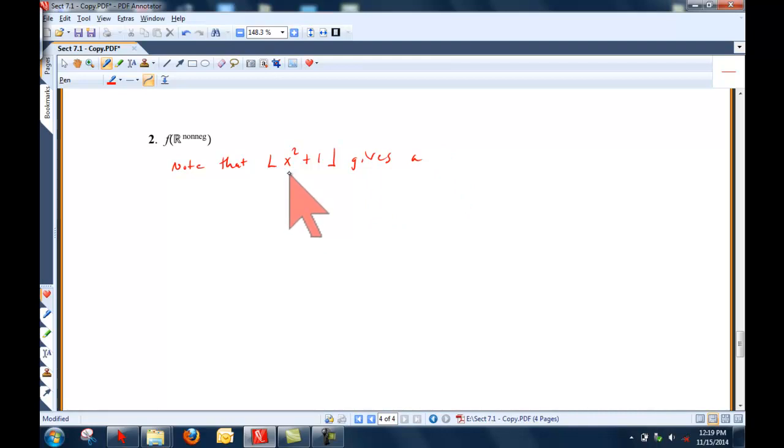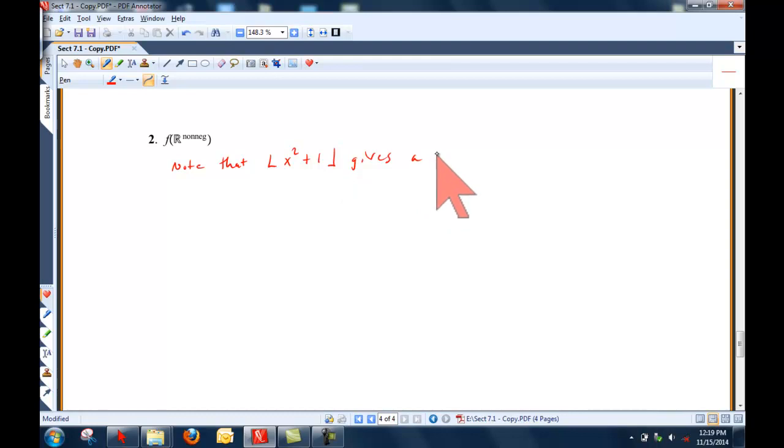Why is that? Well, when I take something and square it, a non-negative number or any real number actually, and square it, I get something greater than or equal to 0. I add 1, I get something greater than or equal to 1. I take the floor, so I drop down to the next integer, which is no smaller than that. But if I'm already at 1, I don't have to drop any below 1.